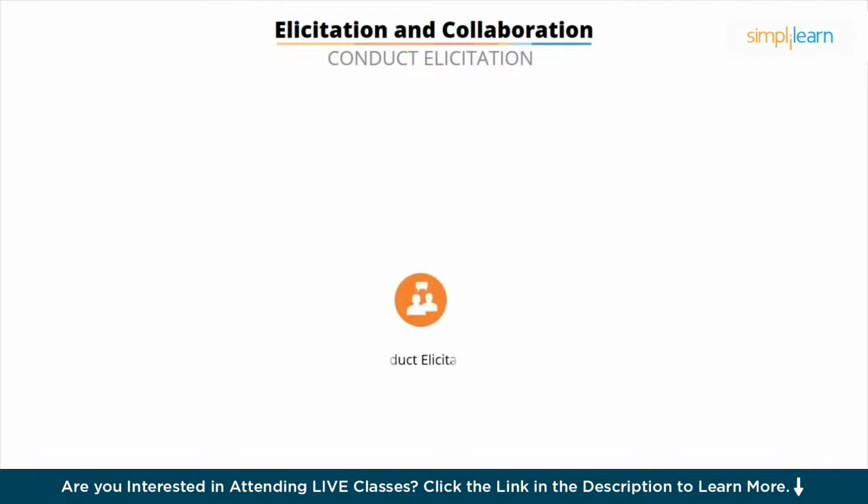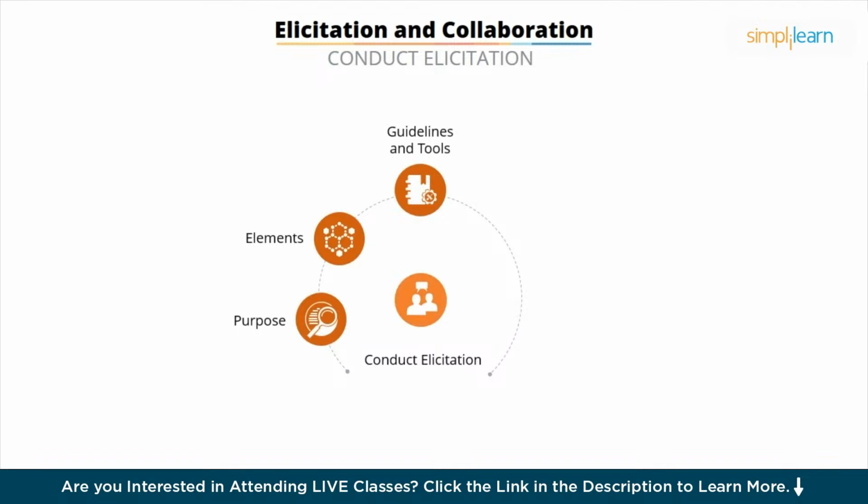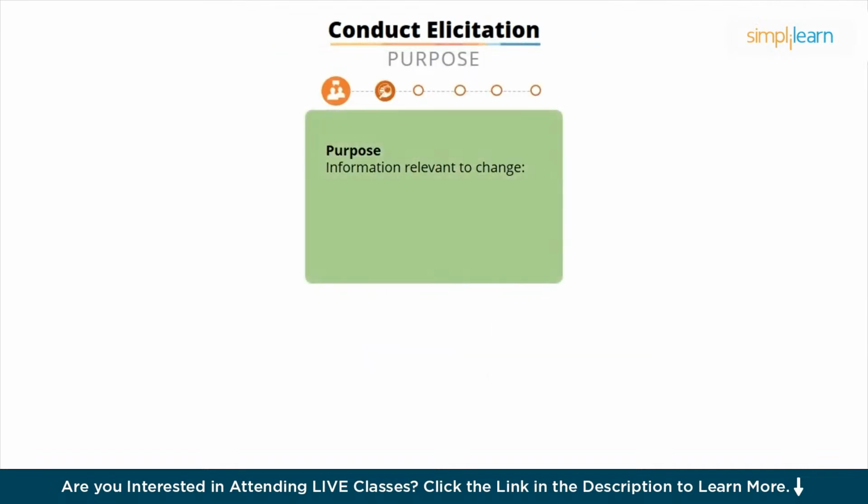This topic will focus on the purpose of the conducting elicitation task, the elements of the conducting elicitation task, the guidelines to be followed and the tools to be used during the elicitation task, the list of available techniques, and the stakeholders involved during the conducting elicitation task. The purpose of this task is to draw out, explore, and identify information relevant to change.